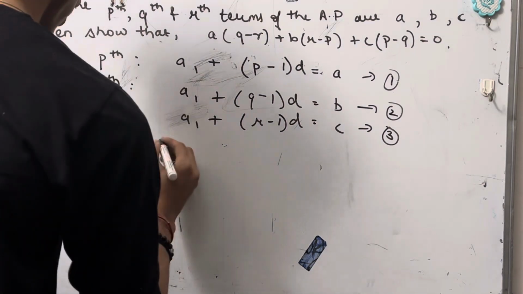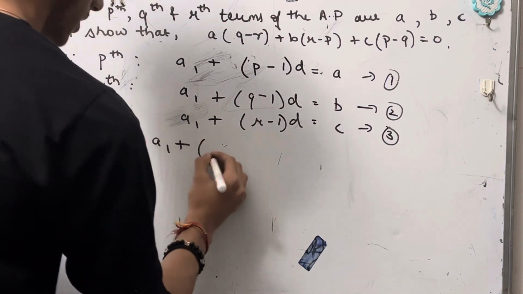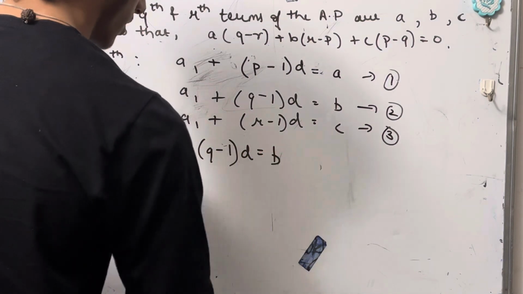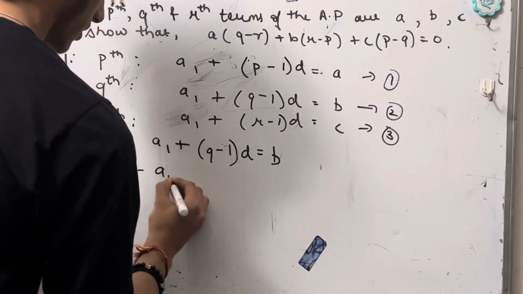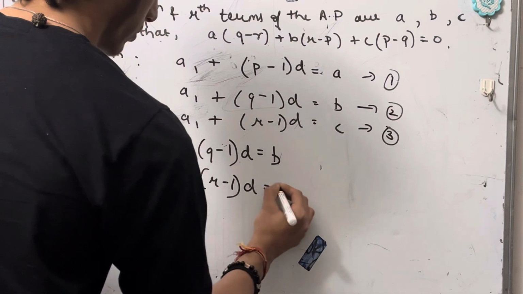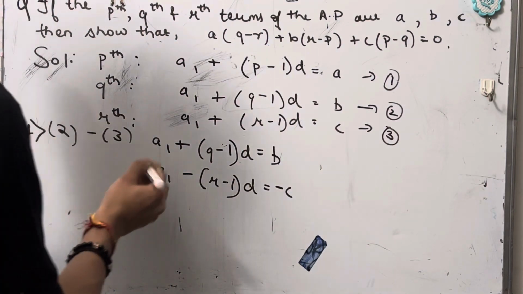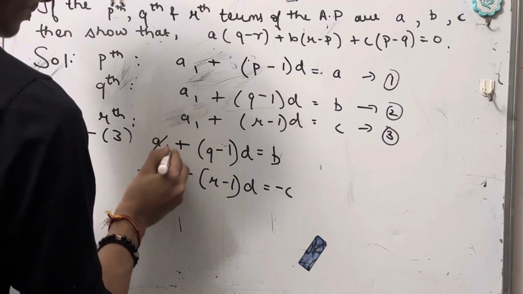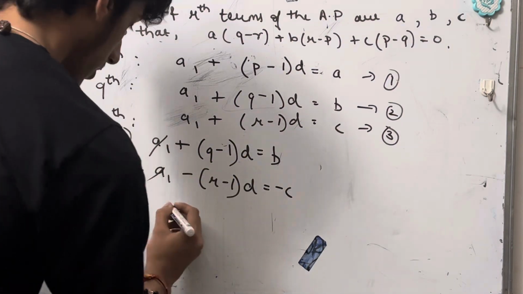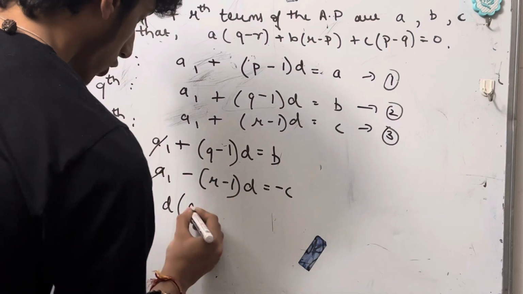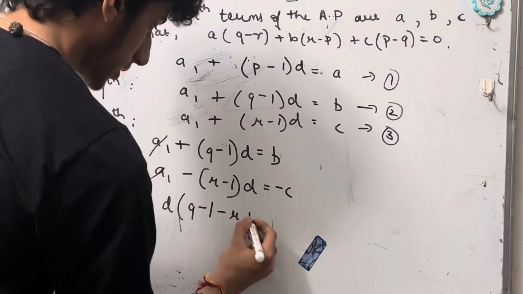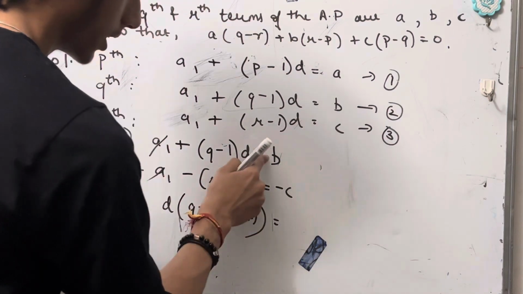A1 plus (Q minus 1)D is equal to B, minus of A1 minus of (R minus 1)D is equal to minus of C. When I subtract, the value of A1 remains the same. I will take D as common, so I get (Q minus 1), then minus R plus 1, and over here we get B minus C.